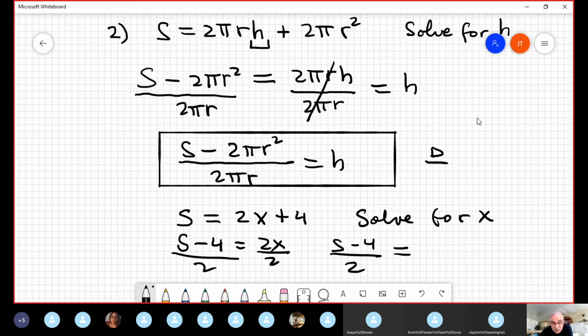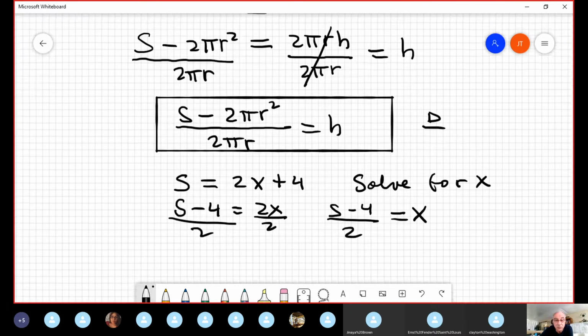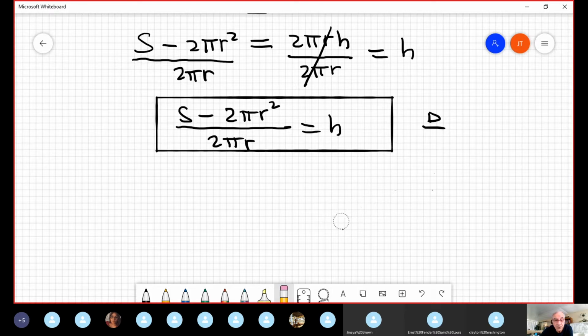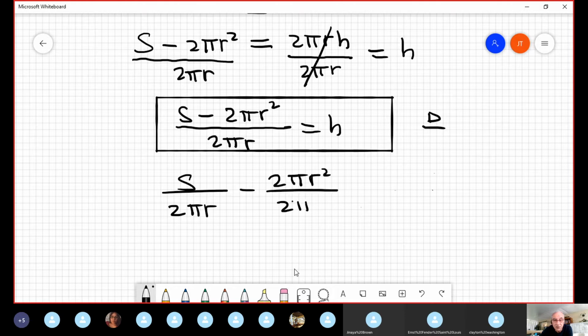Yeah, it makes sense. Maybe your point is, well, professor, we can separate this part, like S over 2 pi r minus 2 pi r squared divided by 2 pi r. This common denominator, we split.